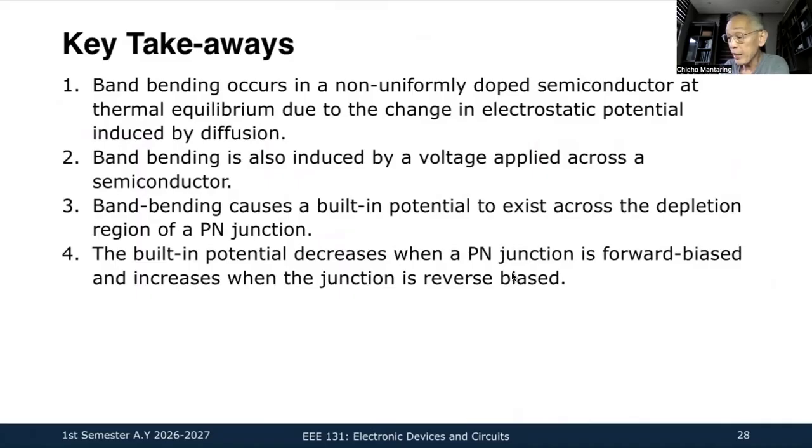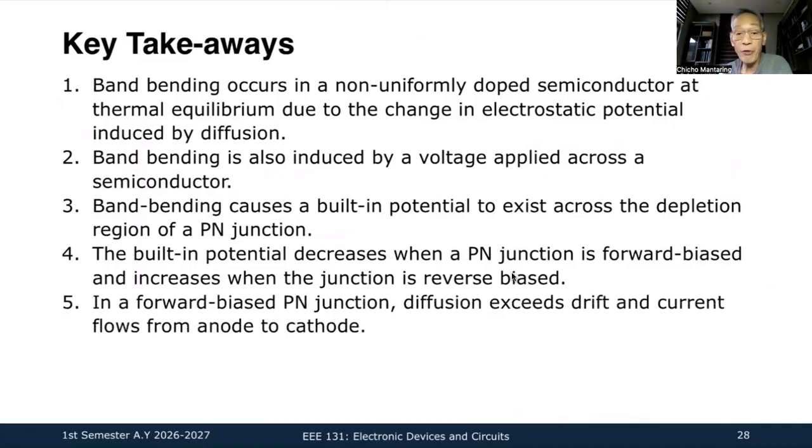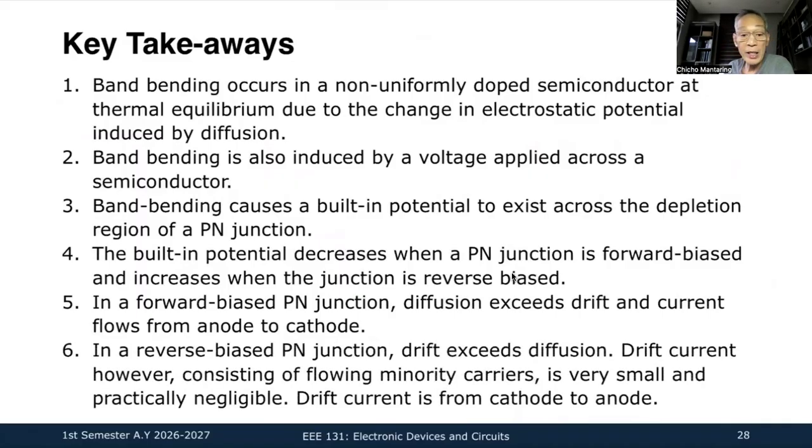The built-in potential decreases when forward biased and increases when reverse biased. So in a forward biased PN junction, diffusion exceeds drift and current flows from anode to cathode. In a reverse biased PN junction, drift exceeds diffusion and current will flow from cathode to anode. But because these are composed of minority carriers, it is very small and practically negligible.